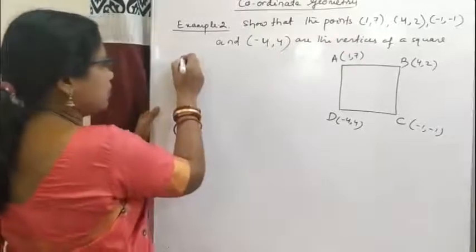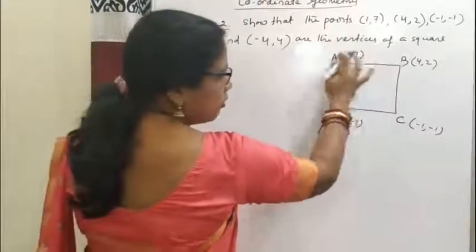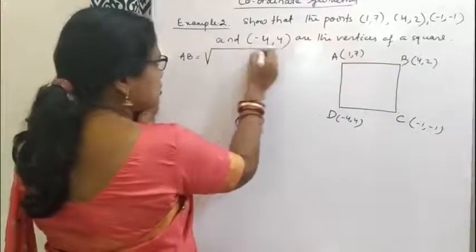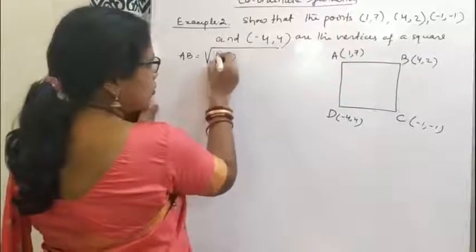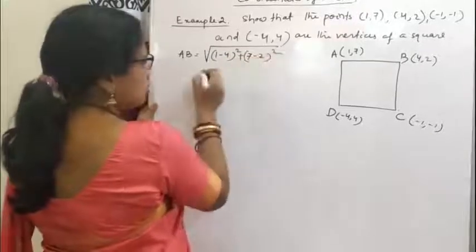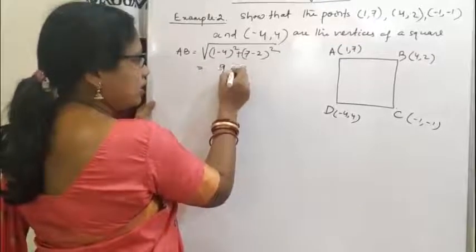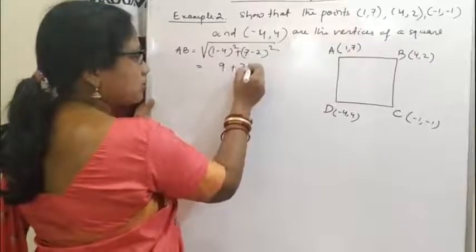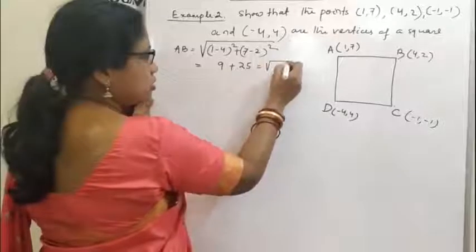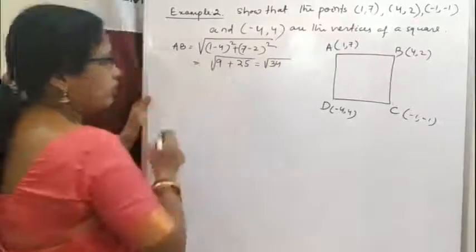So first AB. AB is equal to the distance between the points A and B. So this is (1 minus 4) whole square plus (7 minus 2) whole square. So this is equal to (-3) whole square, this is 9, plus 5 square, this is 25. So this is equal to root over 34.